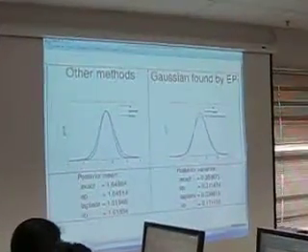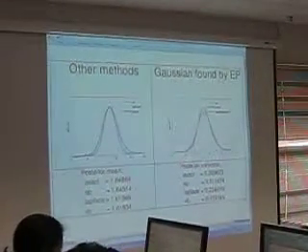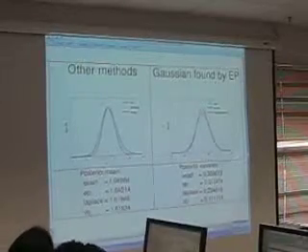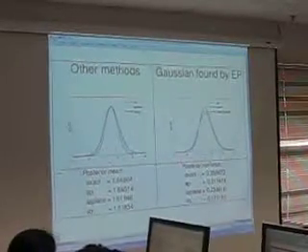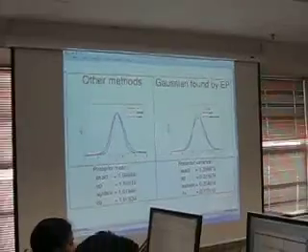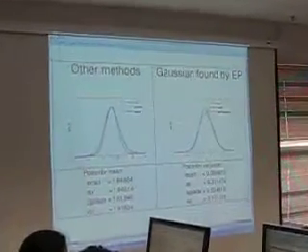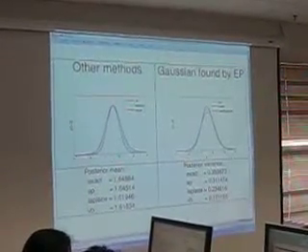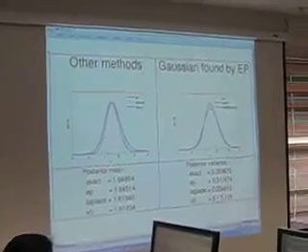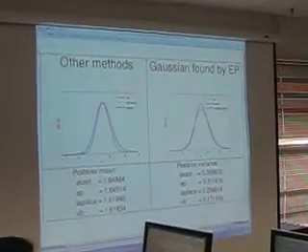Comparing EP and another method, Laplace variational bounds, and showing the posterior means and the posterior variances in each of these.